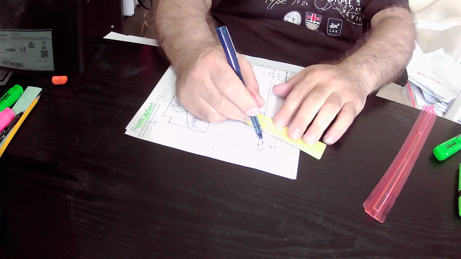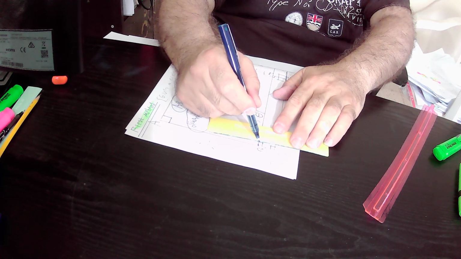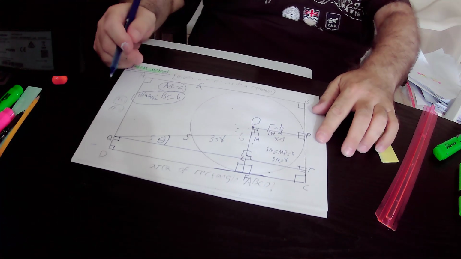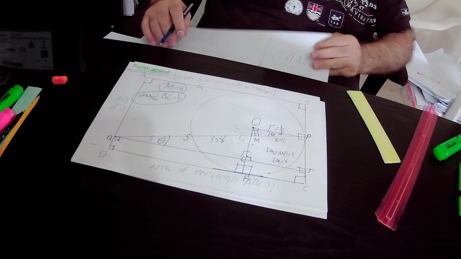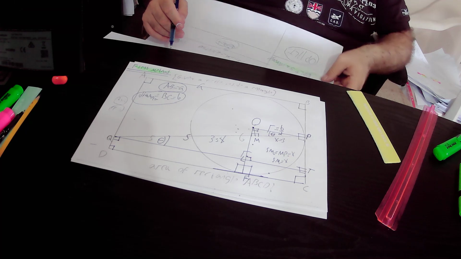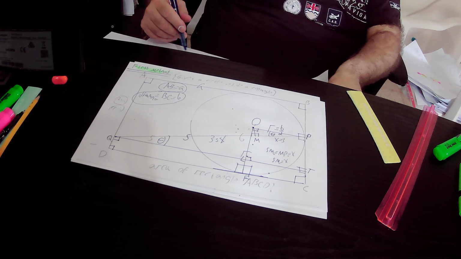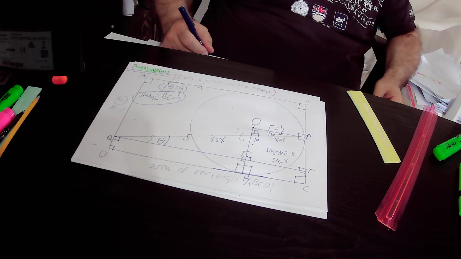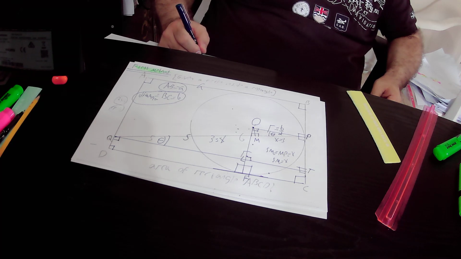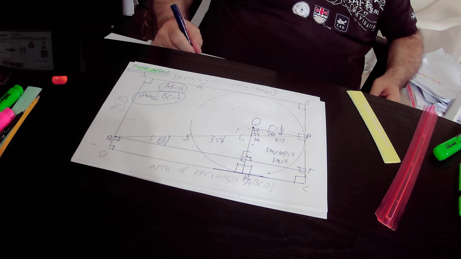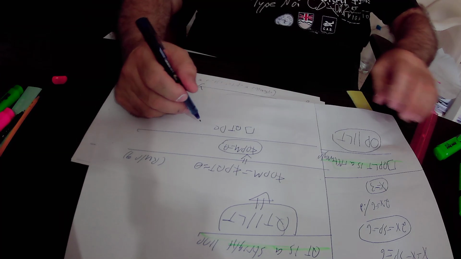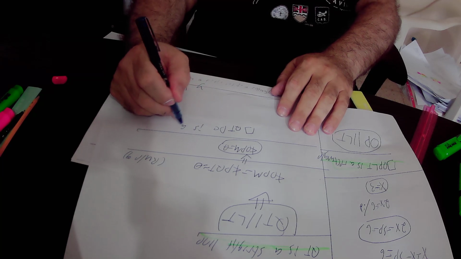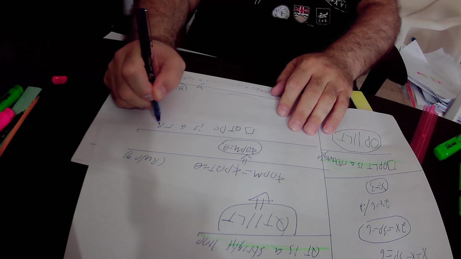So, inside quadrilateral QTDC, we have 4 right angles. And any quadrilateral that has 4 right angles must be at least a rectangle, if not a square. So, we will relate to quadrilateral QTDC as a rectangle. Quadrilateral QTDC is a rectangle because it has 4 right angles.